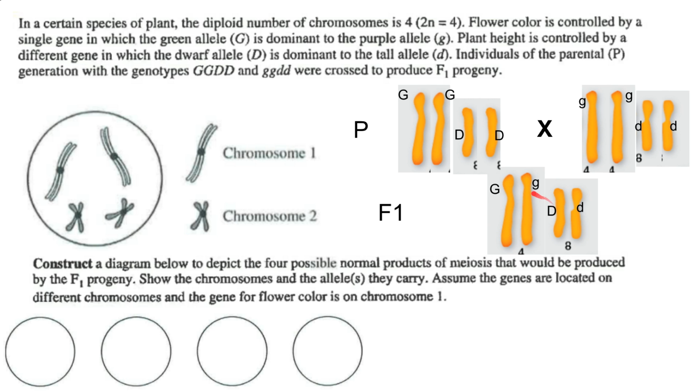And if we're to take this idea of F1 and stick it into their diagram here, we would have it look like that. Now again, you kind of see these two things, and that could be a little bit confusing because you might be like, oh, this one is the big G and this one's the little g. But in this setup, the way they've drawn this, there's diploid number of chromosome is 4, and this is 4.